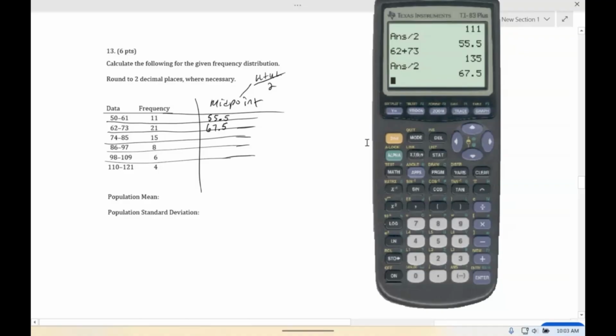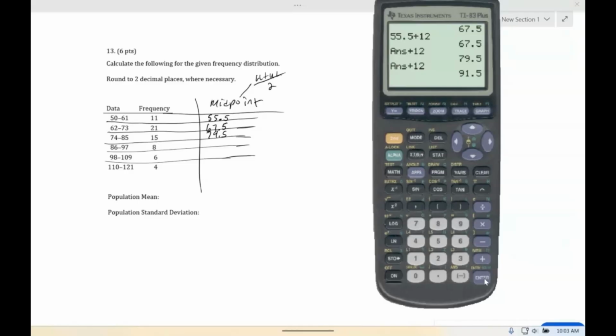So I can simply take my first midpoint, 55.5, and repeatedly add 12. That gives me 67.5. For the next midpoint, I'm going to add 12 again. This gives us 79.5.